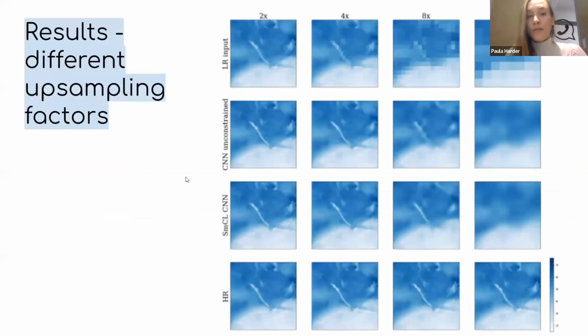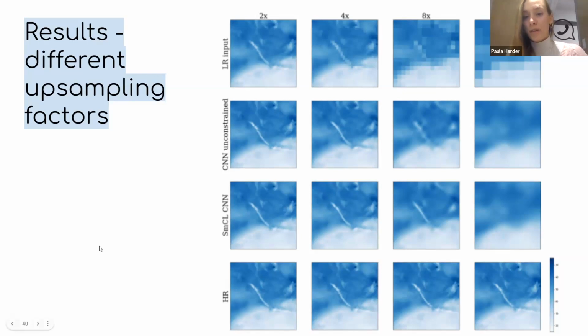Here, if we look at different upsampling factors, again, the first row is the input, then we have our unconstrained prediction, then the softmax constraint prediction, and then our target, and the columns are different upsampling factors, so the task gets harder as we move to the right. We can see that with 16, it just doesn't perform well, and the constraints also don't help that much anymore.